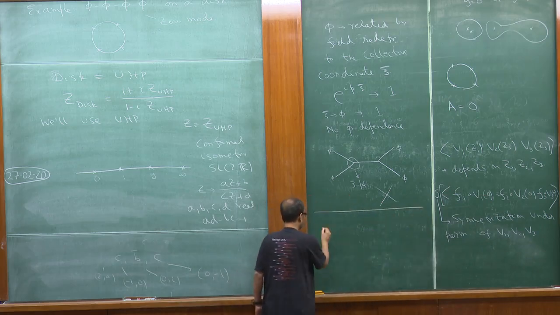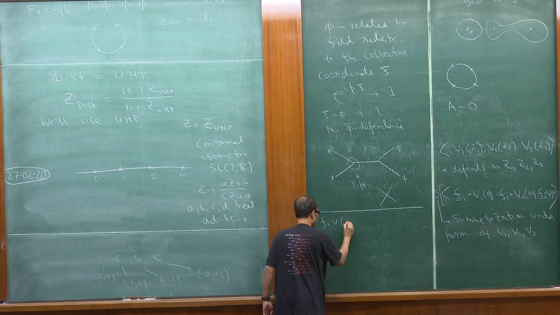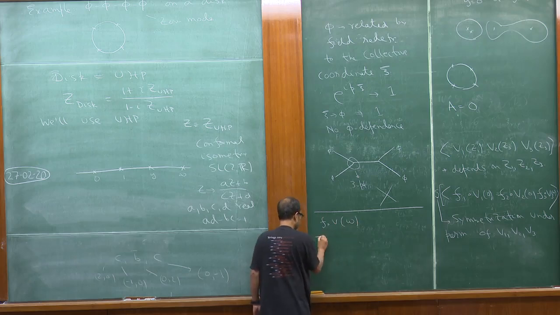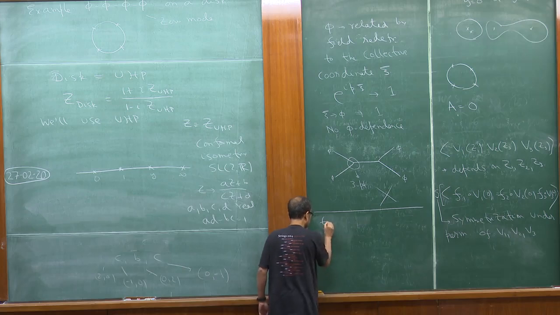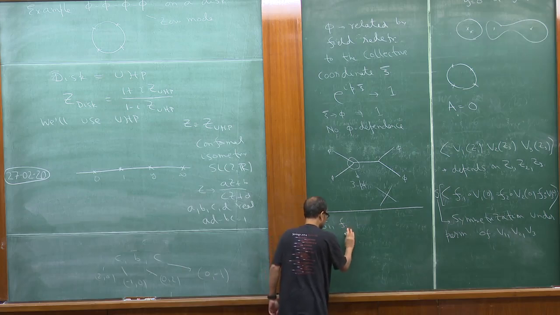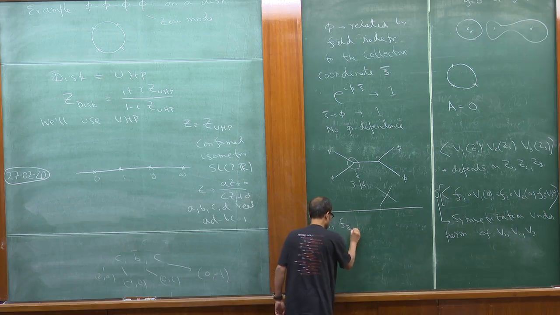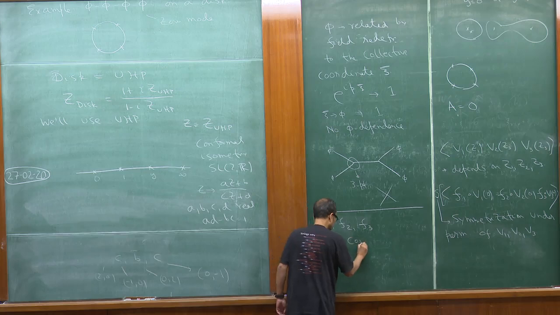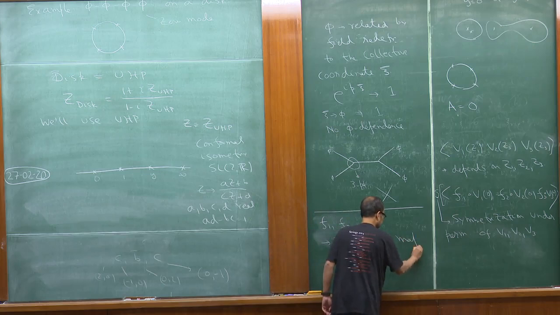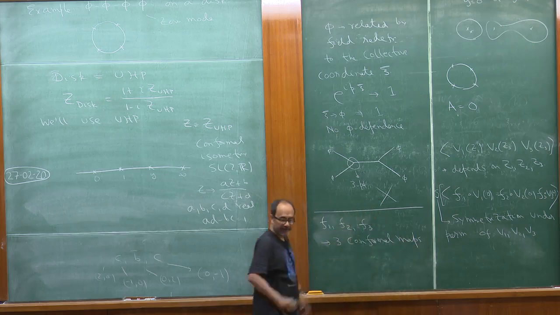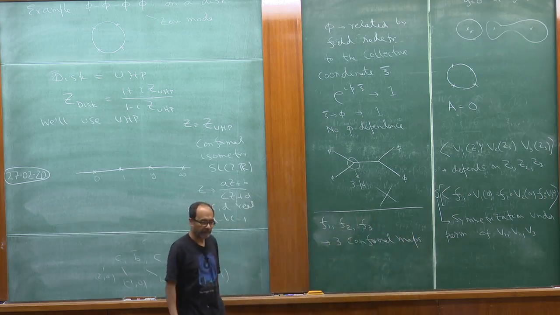So the notation f dot V of w: f1, f2, f3 are 3 conformal maps, at present arbitrary. They need not even be SL(2,R), any 3 conformal maps.